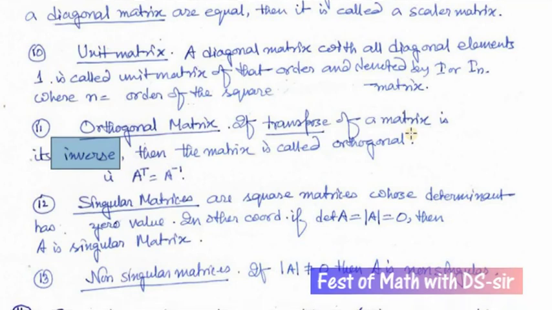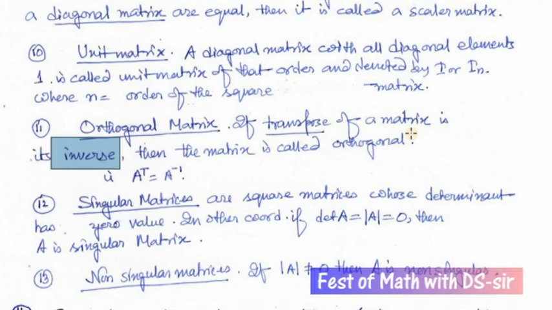So if you are asked to show that this matrix is orthogonal, what do you have to do? You have to take the transpose of the matrix. After that, you have to multiply A with A transpose. Multiplication we have not yet learned; we will learn sometime later.